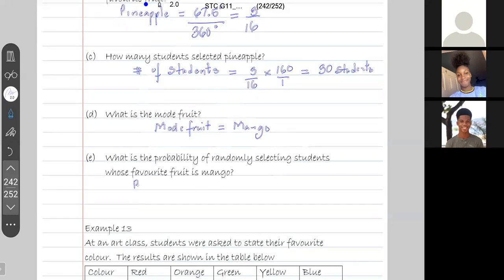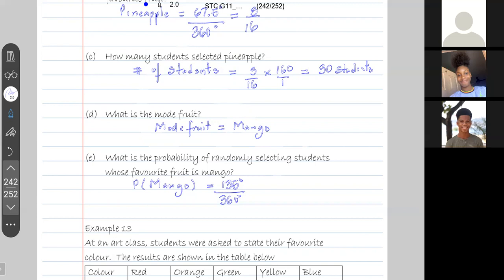So the probability of selecting mango is equal to 135 degrees out of 360 degrees. Another way you could have done this is to find the number of students who selected mango and put that over 160. It would work out to be the same.